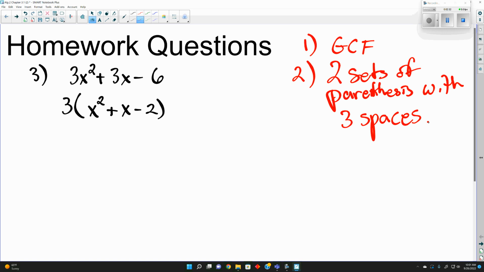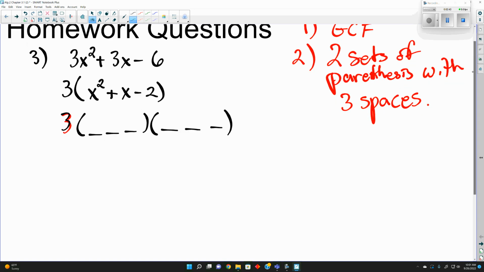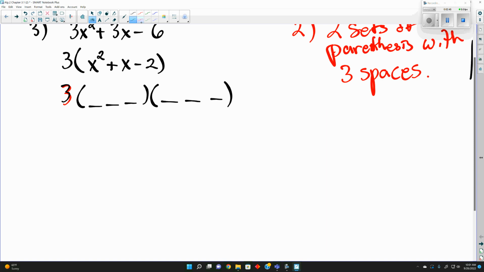So for this here, guys, we have our 2 sets of parentheses with 3 spaces. Now the third step is to find the sign.